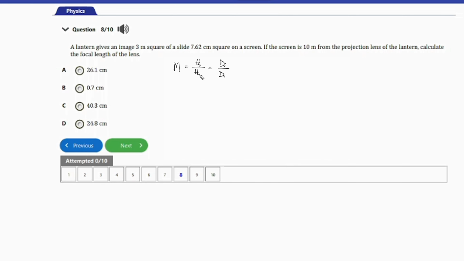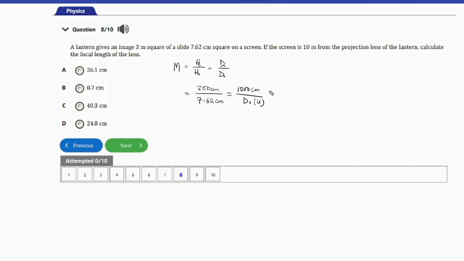So guys, if we substitute all the numbers here using this, the height of image here is 3 meters, that's 300 cm, over the height of the object, which is 7.62 cm. So this is equal to distance of image, which is 10 meters, and that's 10 times 100 cm, that's 1000 cm, over the distance of object, which is not given here, so that's u.